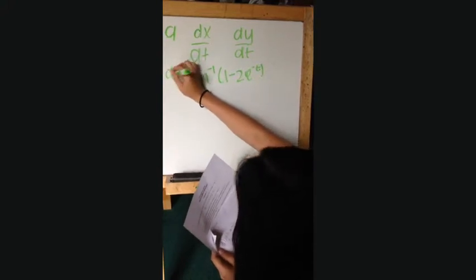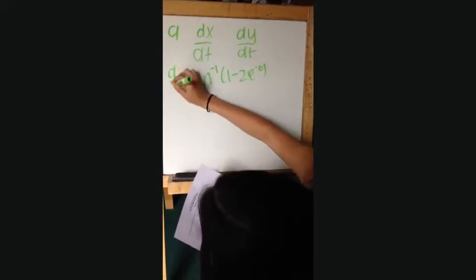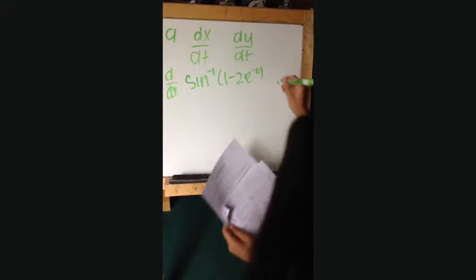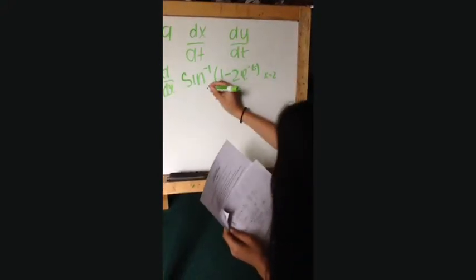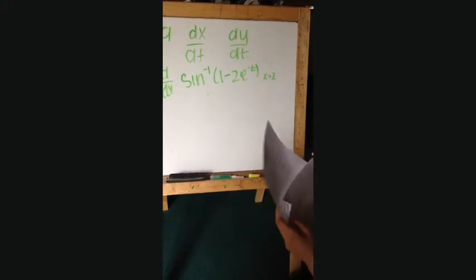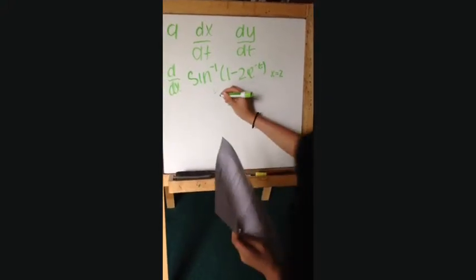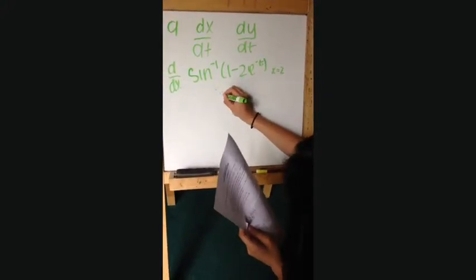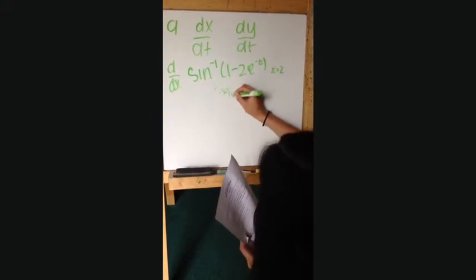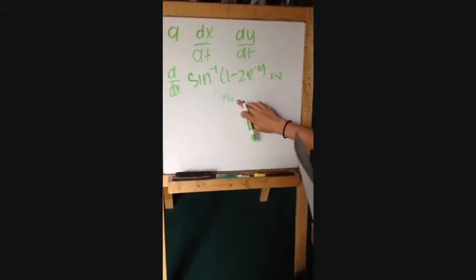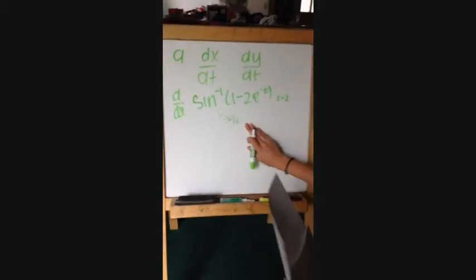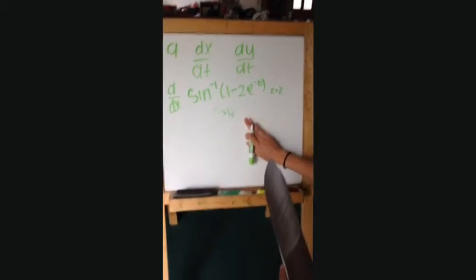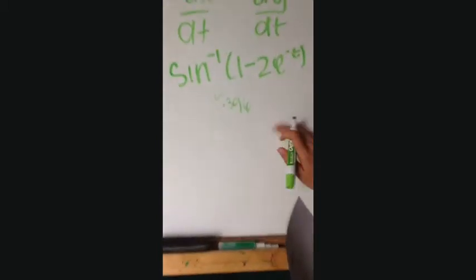You'll put it in your derivative function where x equals 2. And from that, you should get 0.396. So that's your x value for your acceleration vector. And then you're going to do the exact same thing for the y value of your acceleration vector, except you're going to use dy/dt.